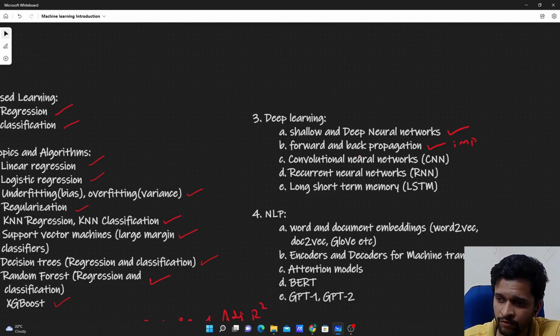Then I will move on to convolutional neural networks, CNN. I will cover different models after covering the basic intuition behind convolutional neural networks. I will cover models like VGG16, ResNet. There is something called AlexNet.